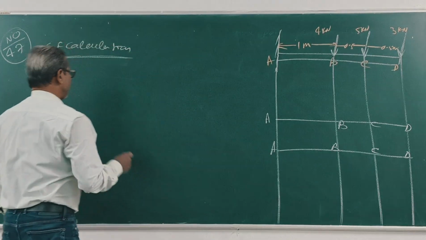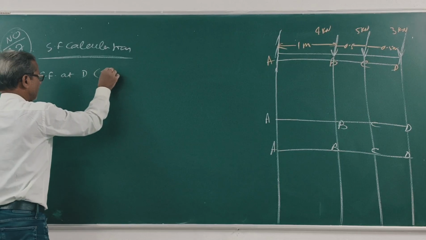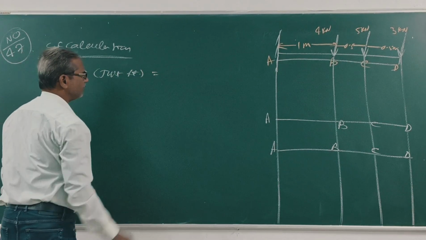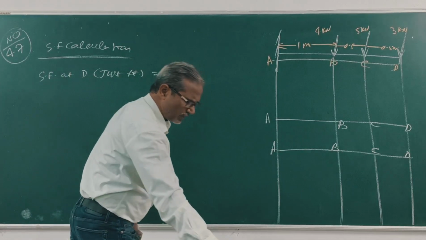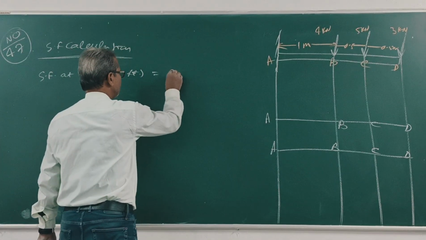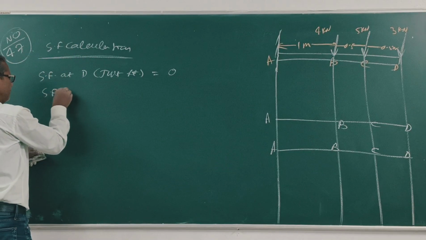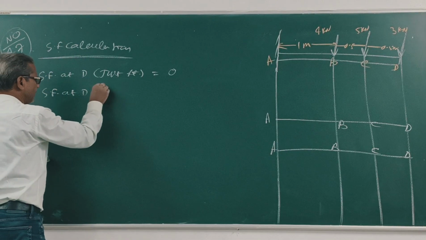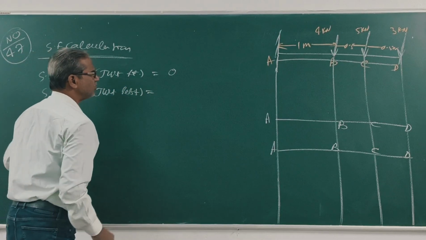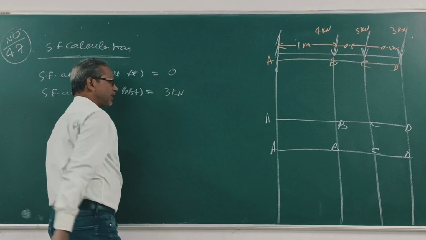Now, shear force at D just right is 0. Shear force at D just left is 3 kilonewton.